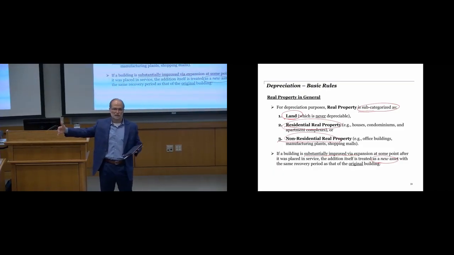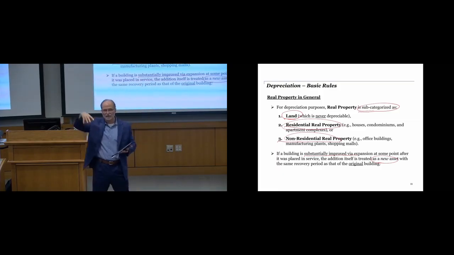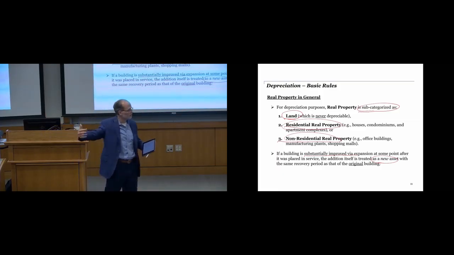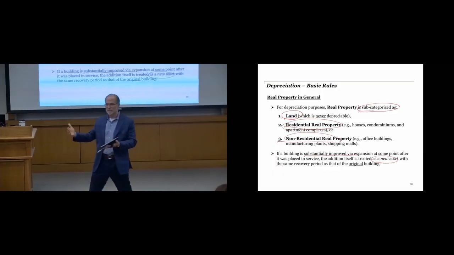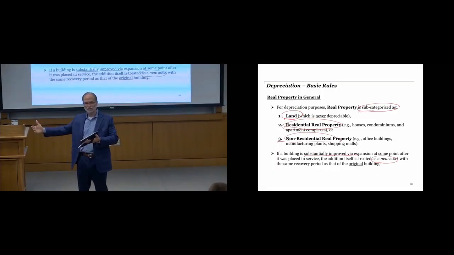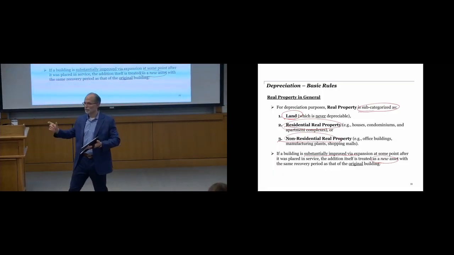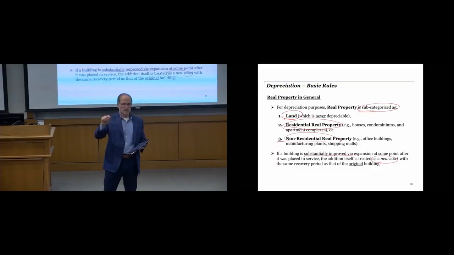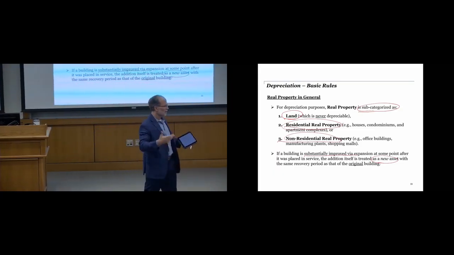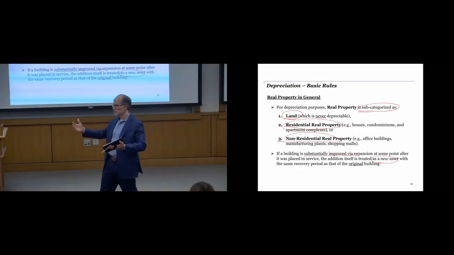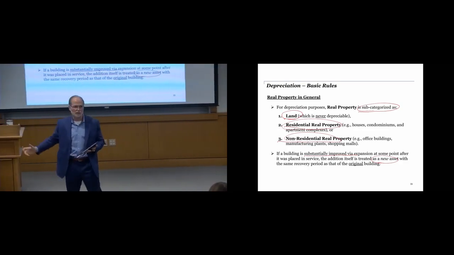So instead of building a brand new building, they just build onto the back of the existing building. So that is itself a new non-residential real property that you would then put into your depreciation records and start a new asset. Even though everybody would think it's just an expansion, right? Move the wall out further. Technically, that's a new asset.